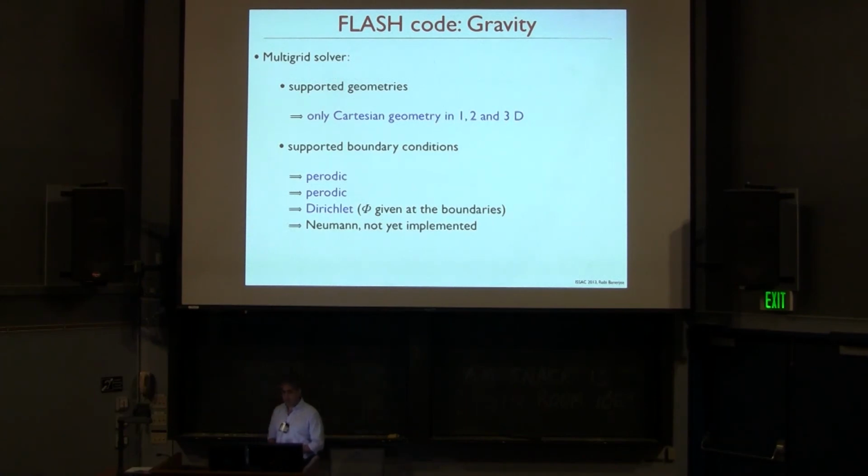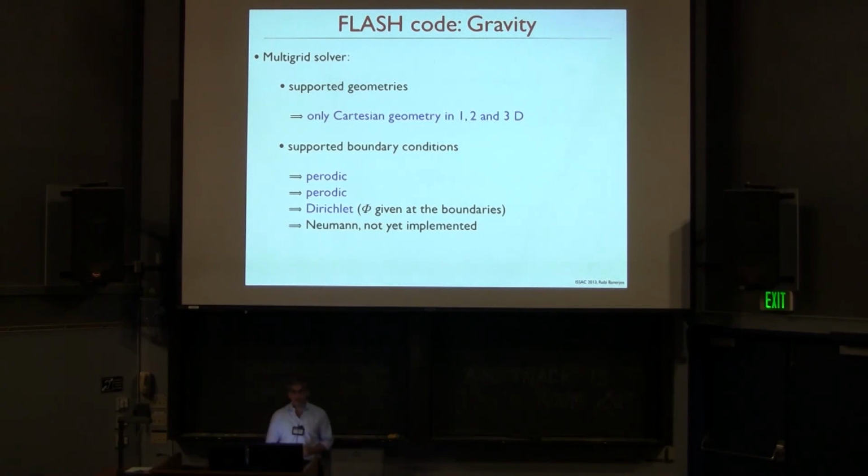Yeah, the solver itself works only in Cartesian coordinates, so in 1, 2, and 3 dimensions at least. I wrote here twice periodic, but I think that should be isolated as well, so it works in isolated, periodic, and using the Dirichlet boundary condition.